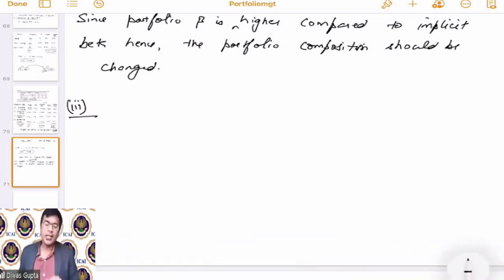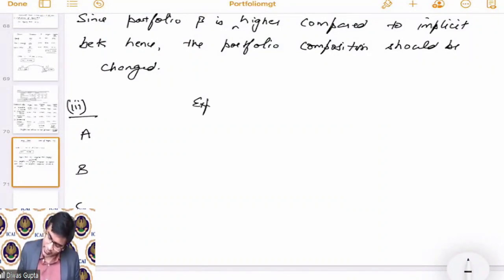So again, using CAPM, we will calculate the expected return. We already have the actual return, and we will compare the expected return and actual return and analyze what the decision should be. The same way we did in question number 4 today, the left part which was there, A, B, C and D.